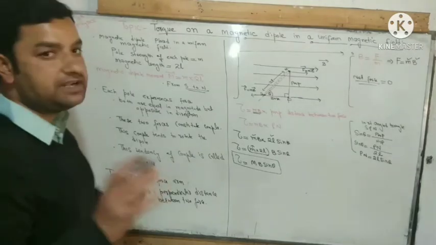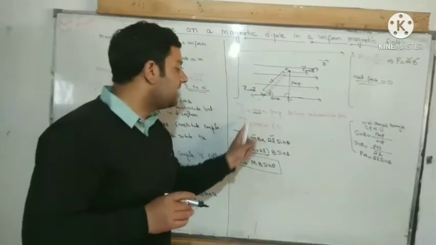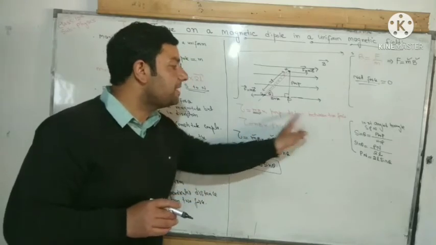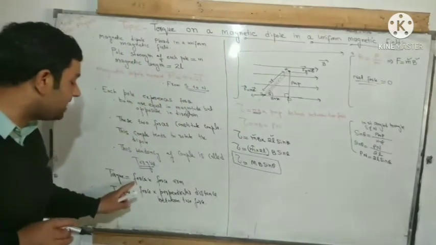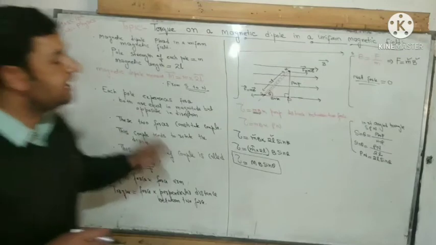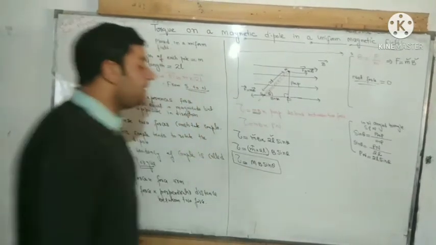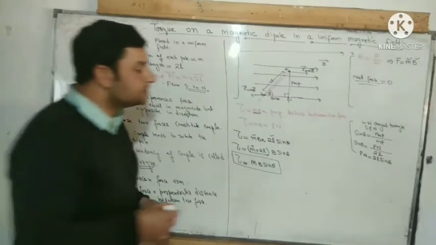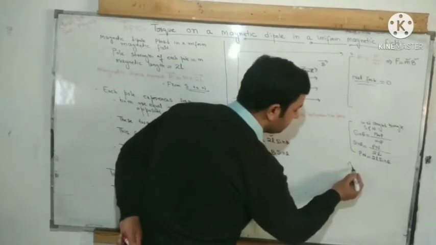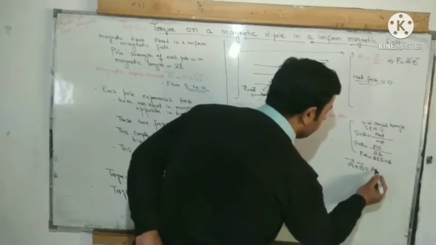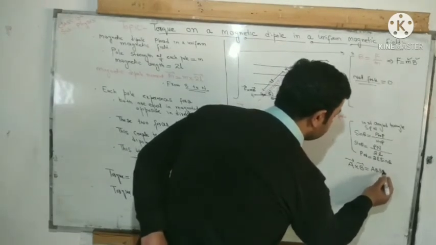The moment of the couple is called torque, and torque is equal to mB into the perpendicular distance, that means magnitude of either force into perpendicular distance. So this torque is equal to MB sin theta. As you know, cross product A cross B is equal to AB sin theta.